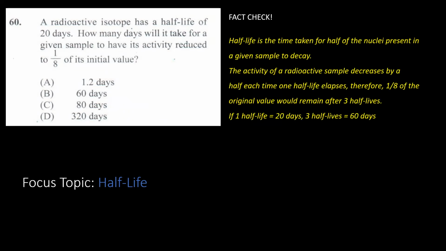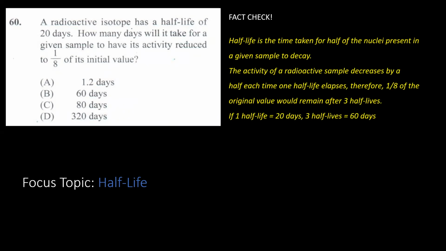Now, that 20 days is telling us that every time 20 days pass, half of whatever substance was there before is going to decay. So the half-life has to do with the time taken for half of the nuclei or the activity of a particular sample to decay. So if the fraction that remains is 1/8 of the initial value, it means that 3 half-lives would have passed.